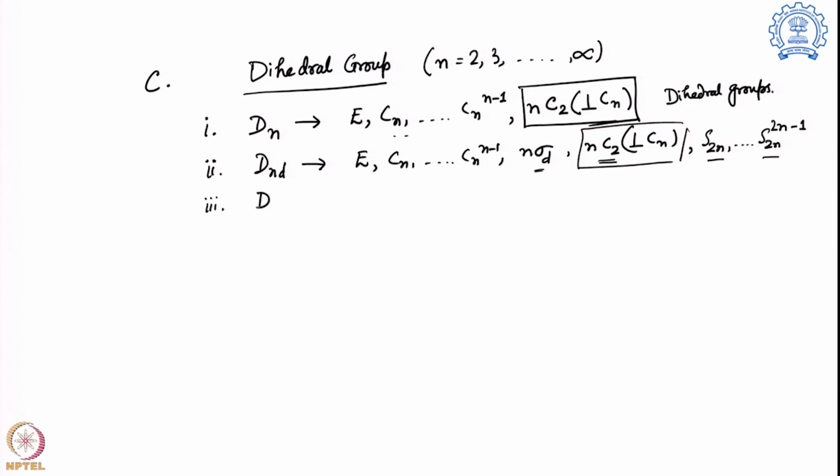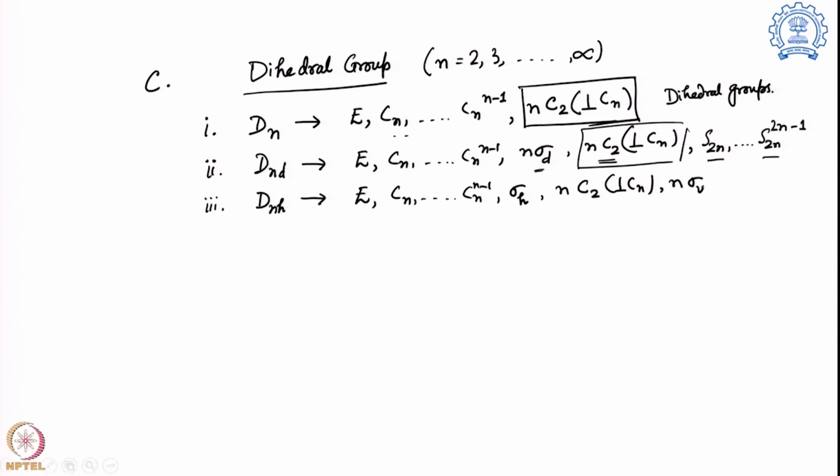Then we come to the next point group, which is Dnh. Over here again we have E, Cn, up to Cn^(n-1), and we have one sigma h present. So, it is very much similar to Cnh, but again we have this extra n C2s perpendicular to Cn present over here, and along with that we will have n number of sigma v's also present.